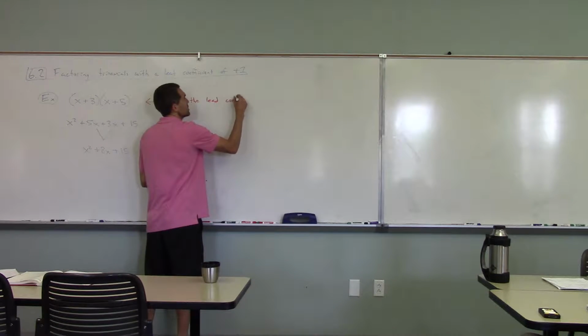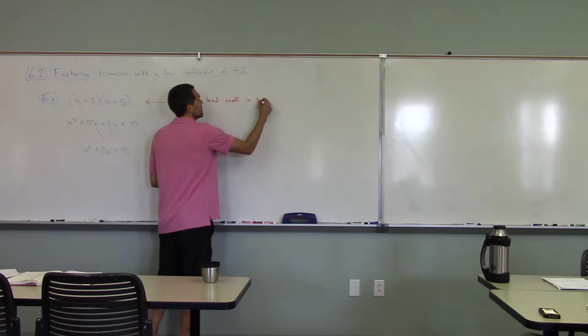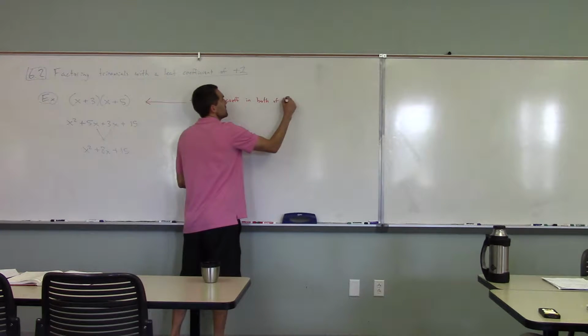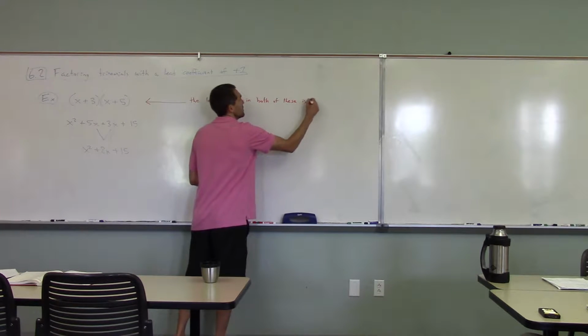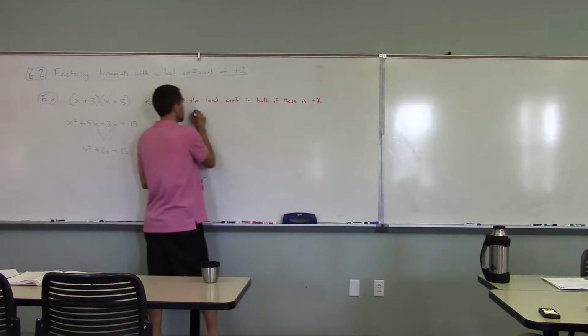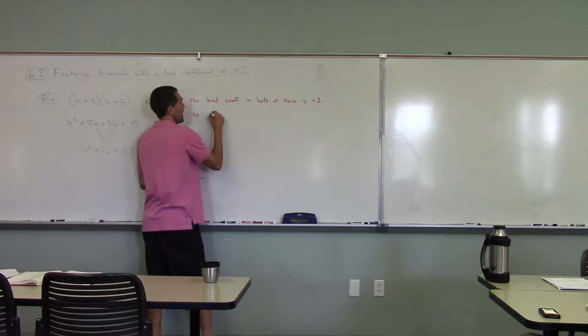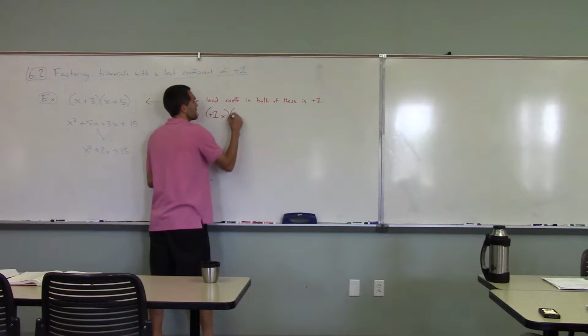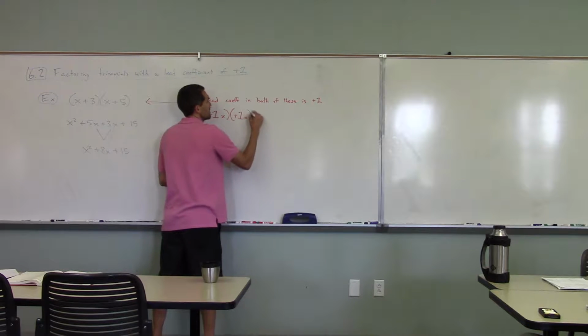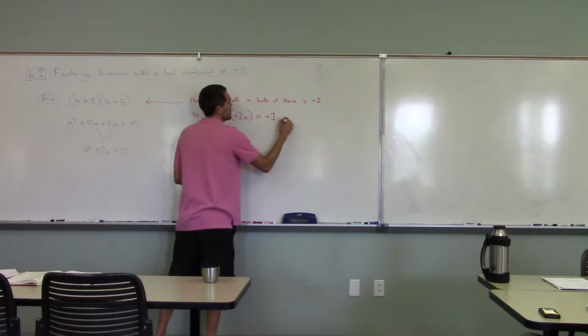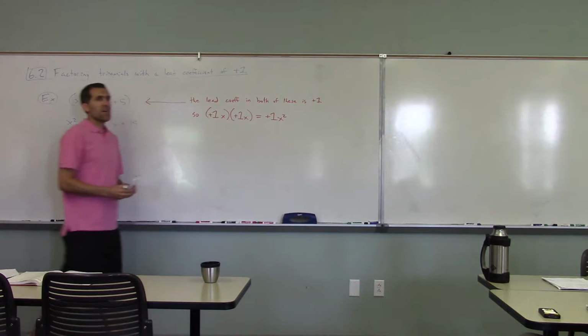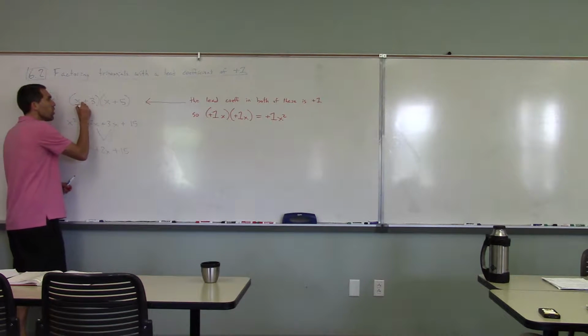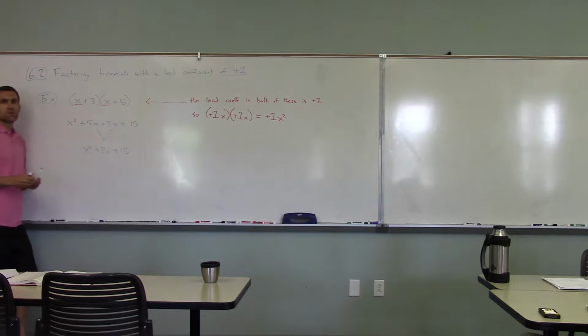The lead coefficient in both of these is +1. So +1x times +1x equals +1x squared. That's the easy part. We know these for this whole section. That's what makes this section easy.